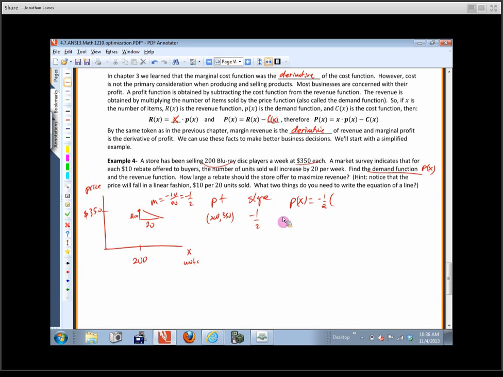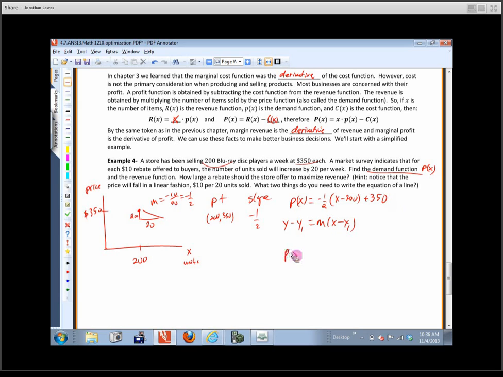So here's what I'm thinking of. This is going to be x minus 350, or sorry, 200. And then if I slide that over to the other side, that's going to be plus 350.